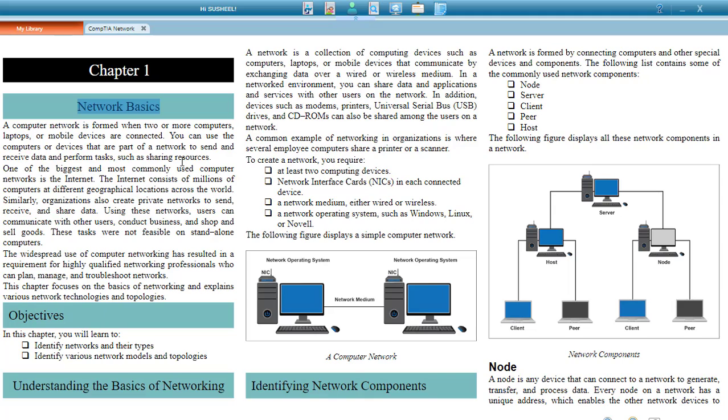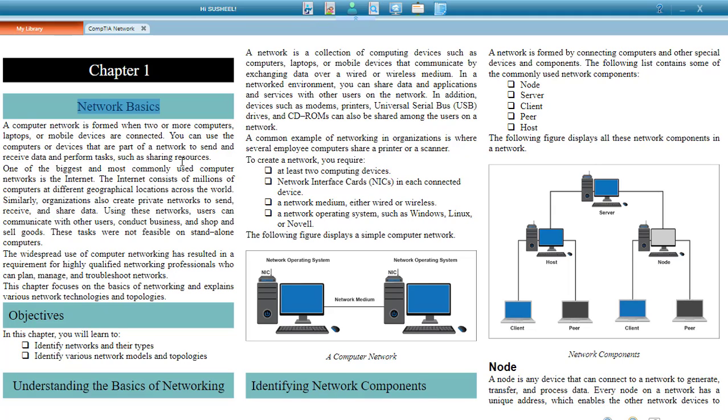Network basics. A computer network is formed when two or more computers, laptops, or mobile devices are connected. You can use the computers or devices that are part of a network to send and receive data and perform tasks, such as sharing resources. One of the biggest and most commonly used computer networks is the Internet.